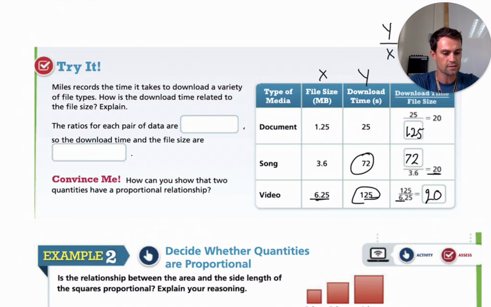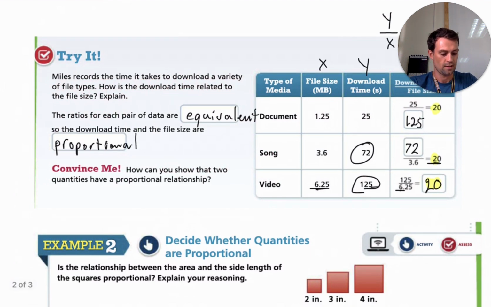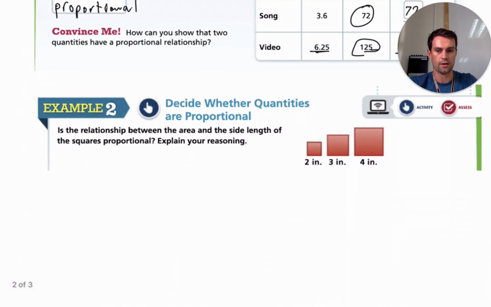So notice, these are all the same. So they are equivalent. So the ratio of each pair of data are equivalent. So the download time and the file size are proportional. Okay? All right.